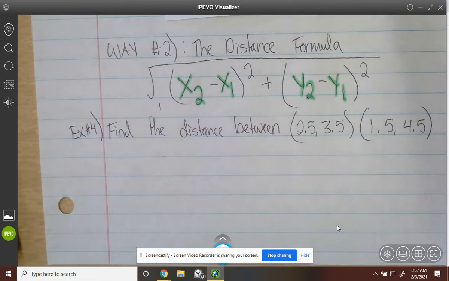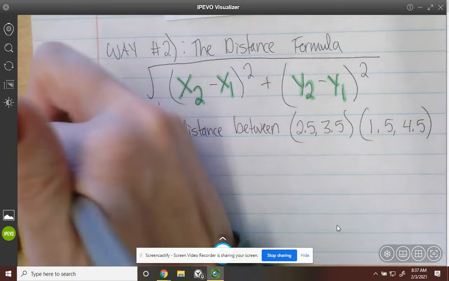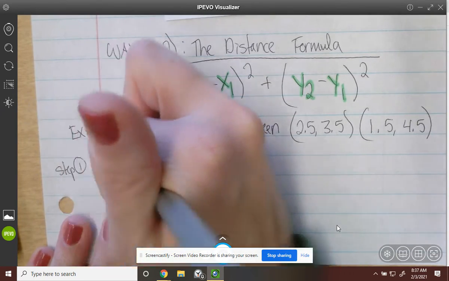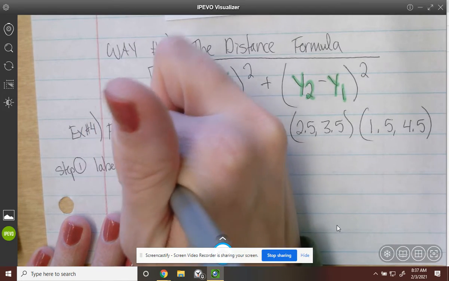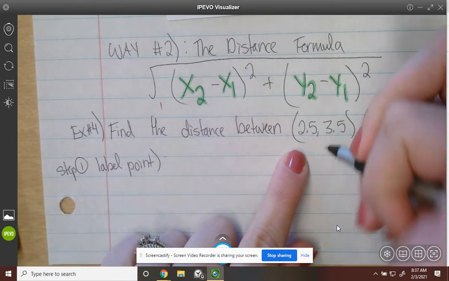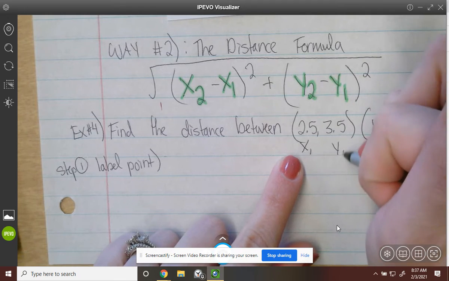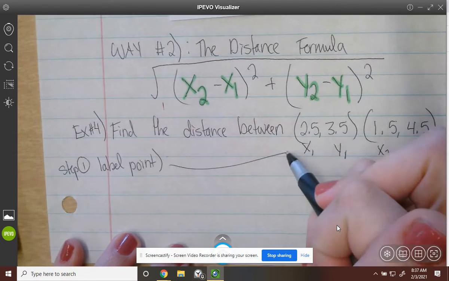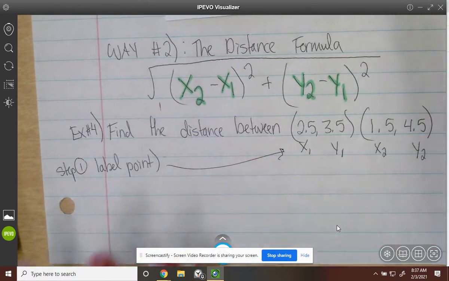Okay, we have a couple steps to do. Step 1 is to label points. Okay, we've done this a million times. This is x1, that's y1, x2, y2. So whenever I say label points, that's all that I mean right there.